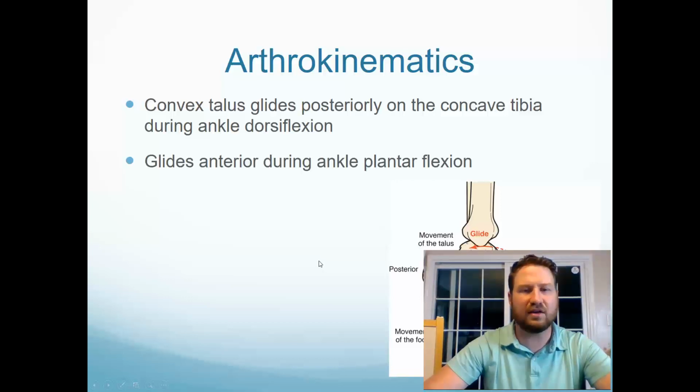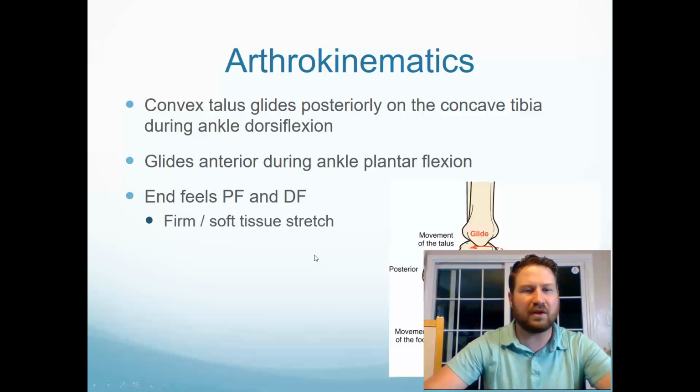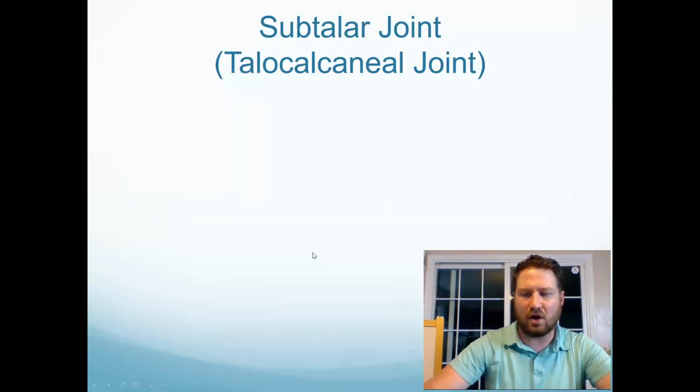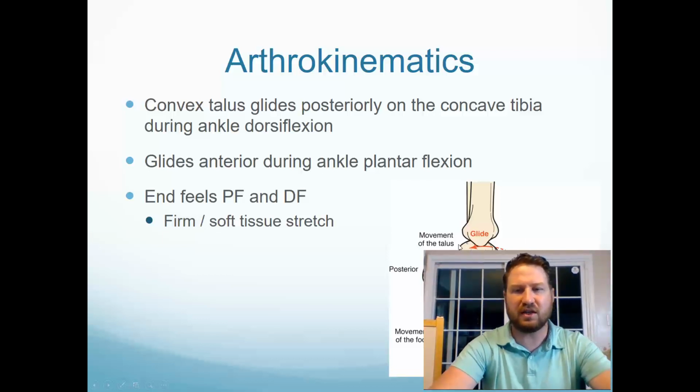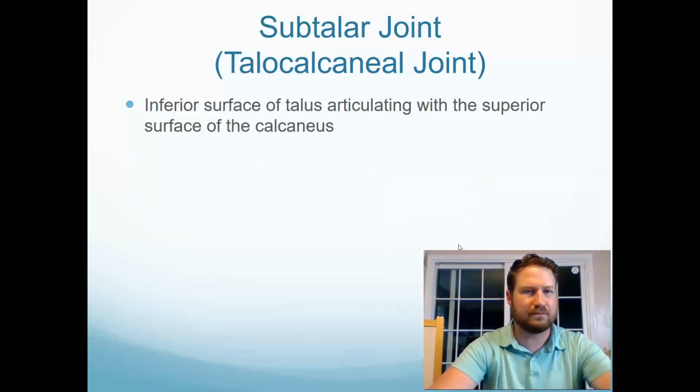And it glides anterior during plantar flexion. The end feels for both plantar flexion and dorsiflexion are firm or soft tissue stretch. From that soft tissue stretch, we have ligamentous issues or tendons that are restricting that motion. It's not going to be soft because it's not tissue approximation. It's going to be firm.